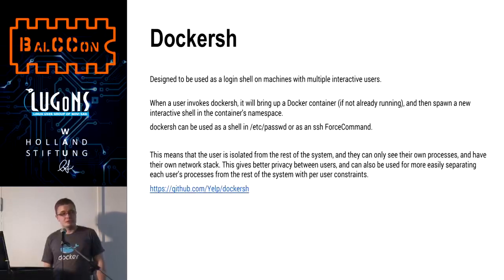Docker shell is also very interesting. Every time someone logs on to your machine or some server, a new Docker instance is started. So every user is completely cut off. It has its own privacy.